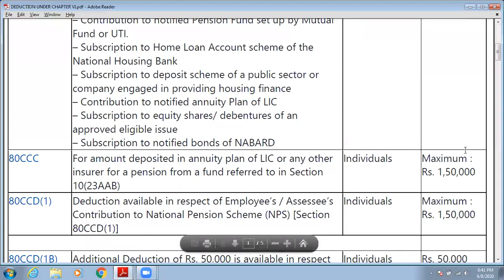And what will be the amount of deduction? Maximum rupees 1,50,000. Okay, and to whom will this deduction be allowed? All individuals; for an individual, this 80CCC deduction will be allowed.